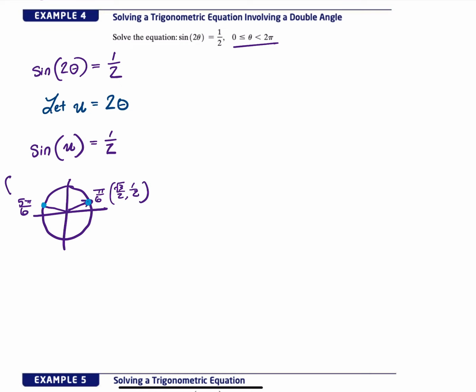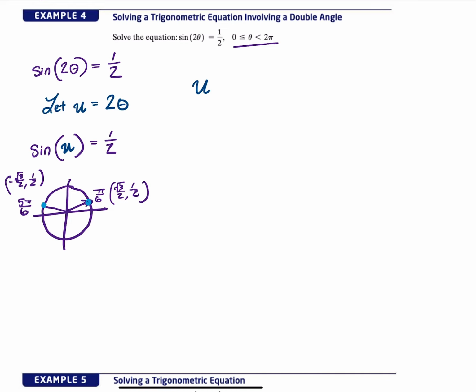This has the coordinate point negative root 3 over 2, positive 1/2. They both have a sine value of 1/2. So these won't be my solutions because this would be for u, which is 2 theta. But let's just think what would be the general solutions here in terms of this substitution we made in terms of u.